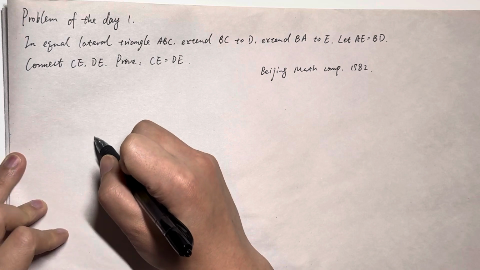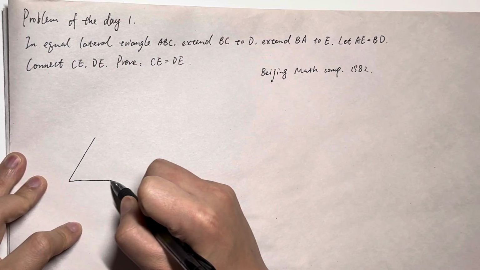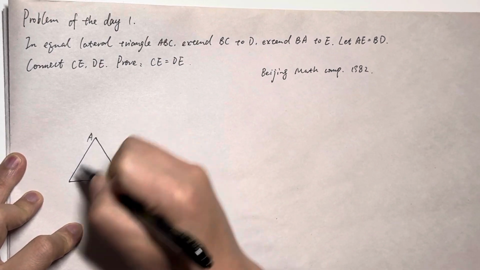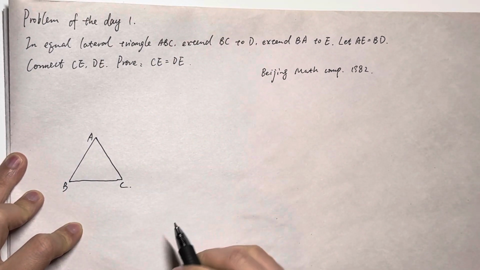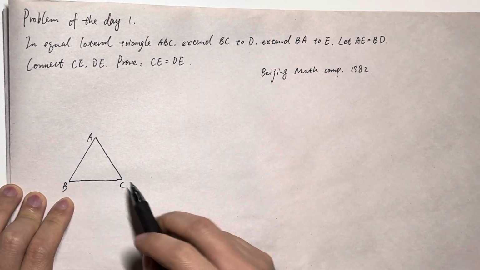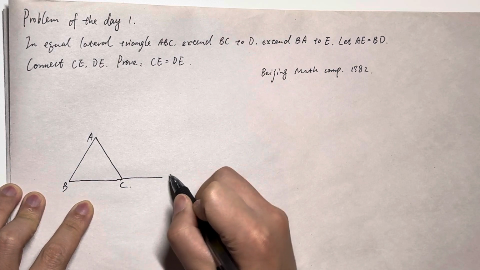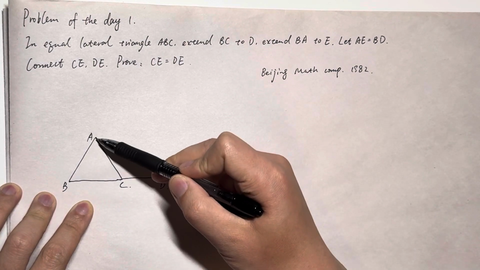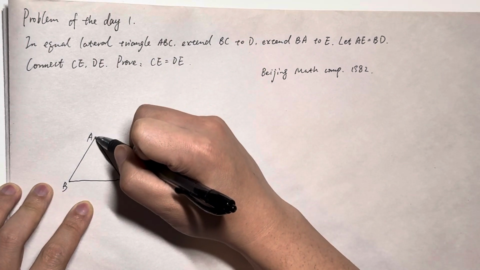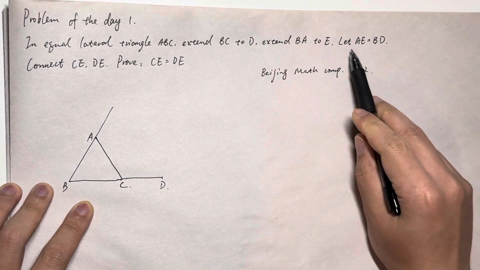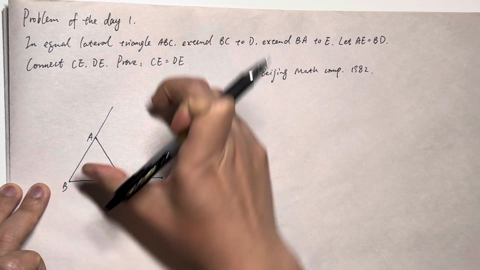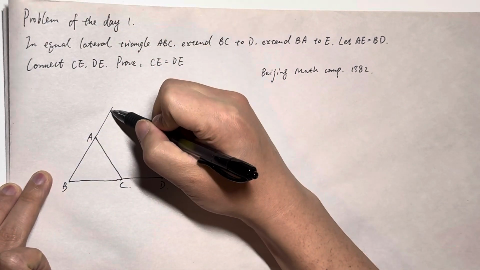First, we find an equilateral triangle here. And we extend BC to D. And also extend BA to E. And we let AE equal BD. So BD is about this much, so AE is about this much.